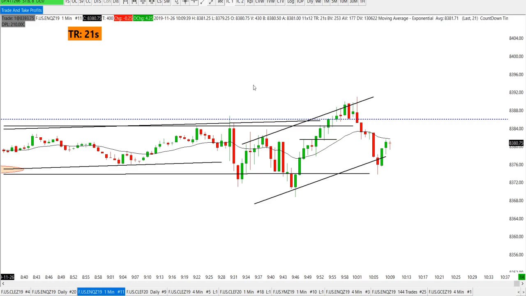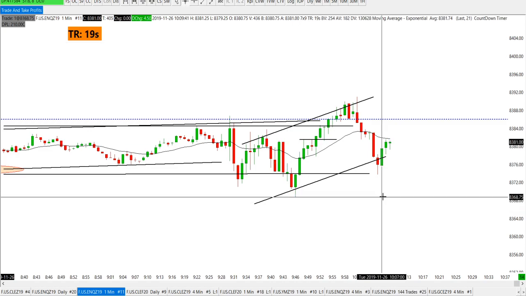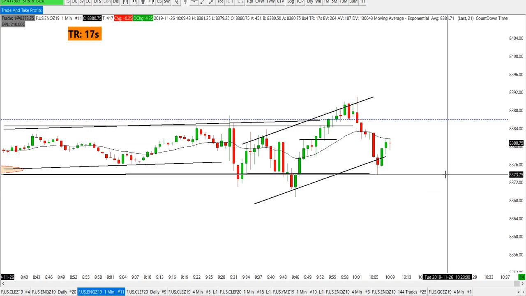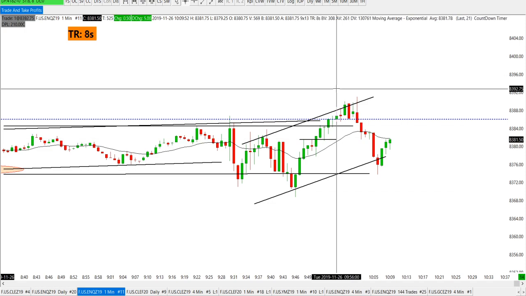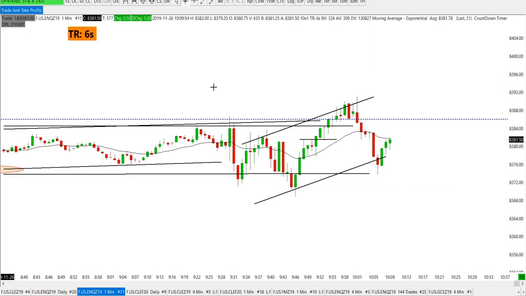I might take a long right here. We'll see. No, I'm not going to take a long. Not yet. Because we definitely could get a decent bounce from here, but I don't want to rush anything yet.